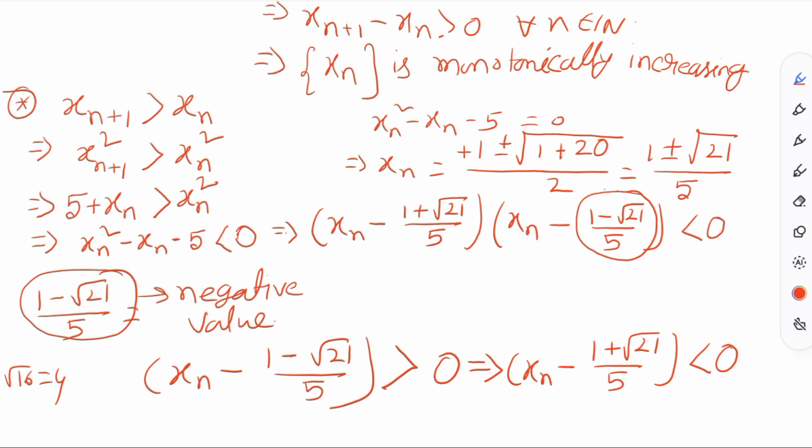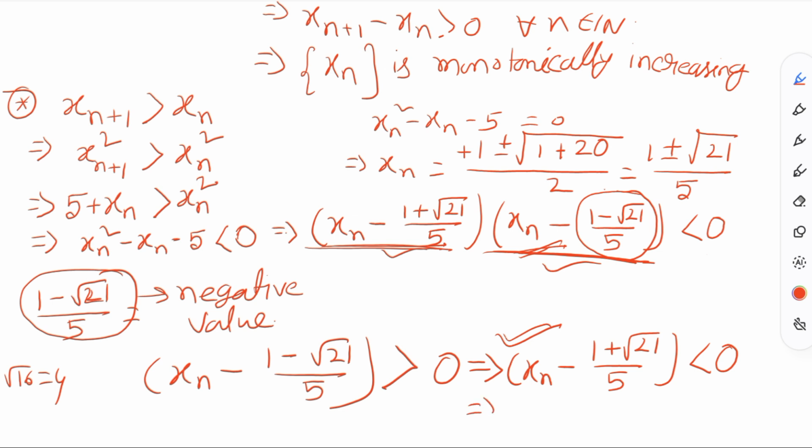Clear everyone? Because 1 minus root 21 by 5 is actually a negative value. Again, before this value the sign is minus, so minus minus is plus, so xn plus something gives a positive value. Again, the product of two numbers is less than 0, and this quantity is positive, so this quantity must be negative. That's why xn minus 1 plus root 21 by 5 is less than 0.